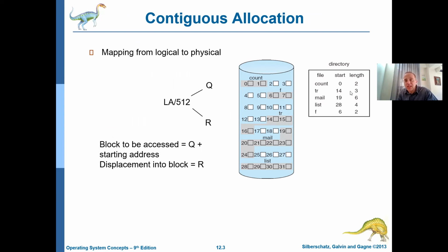I'll say, you know what? I'm going to take every 2 blocks and call it a cluster. Only the first element in the cluster will point to where the next cluster is. And then the second one, I don't have to waste the pointer and I don't have to do a read from somewhere else.